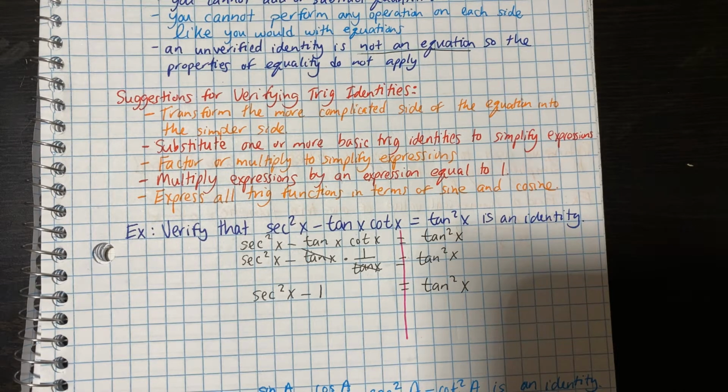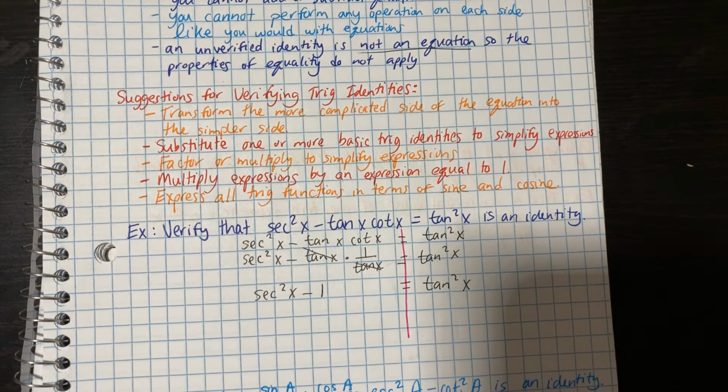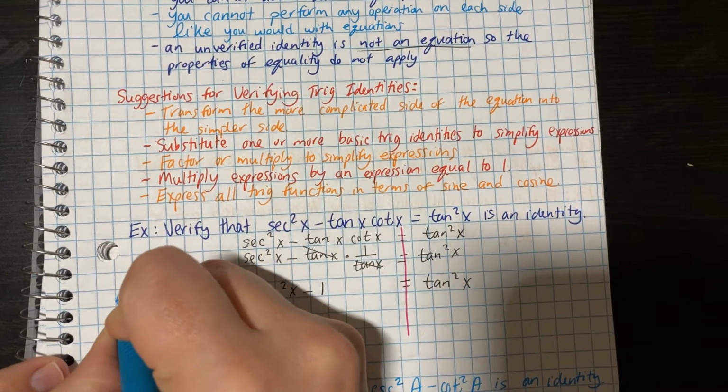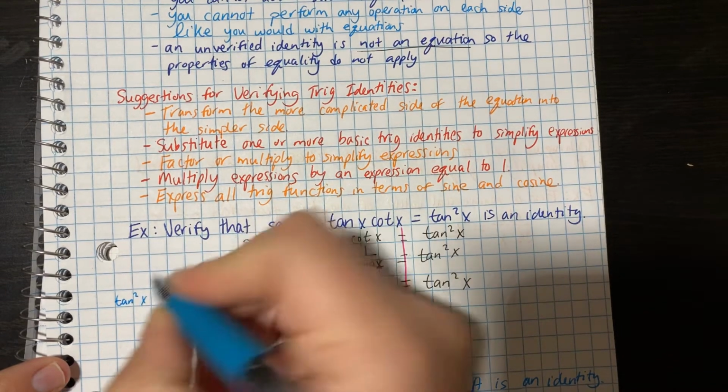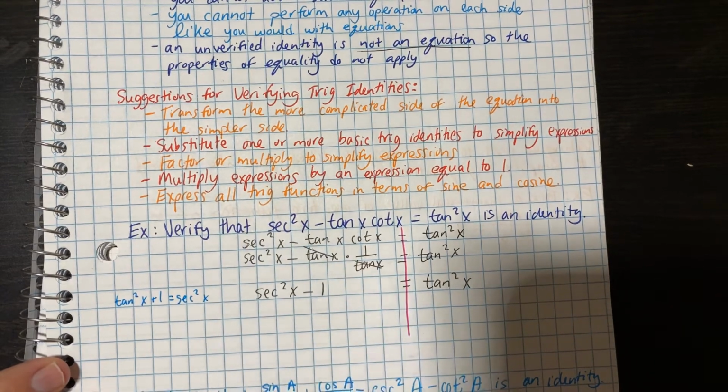Pythagorean says that tan squared of theta plus 1 equals secant squared of theta. So here, I'll write a side note over here. It says tan squared of x plus 1 equals secant squared of x.